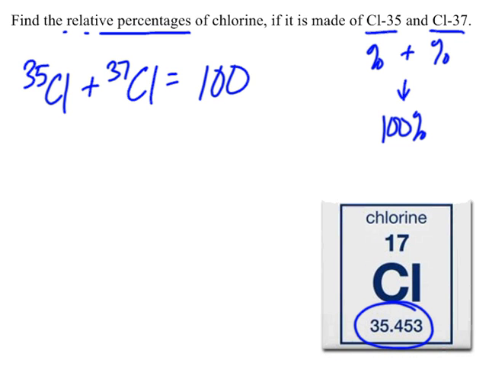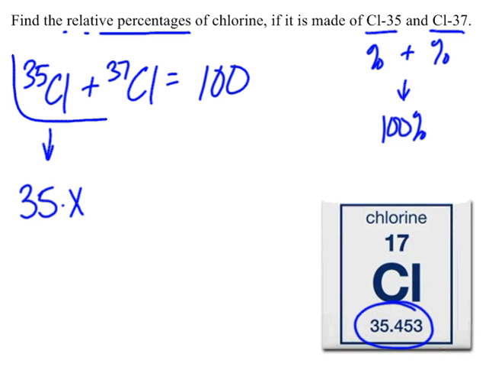If I break this down algebraically, 35 is the mass, and just like in my last problem, I take the mass times the abundance. Since I don't know the abundances, the abundance must be some number. How do we represent some number? With x, right?